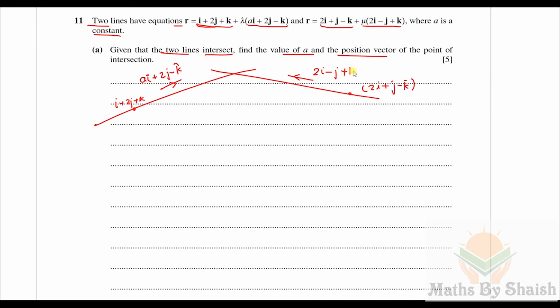It says that they intersect. If these two intersect, it means for some lambda and mu they are the same, so we can make them equal.